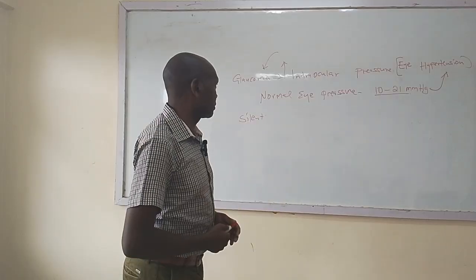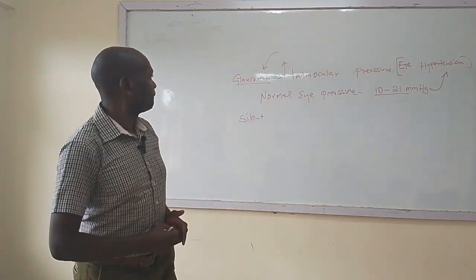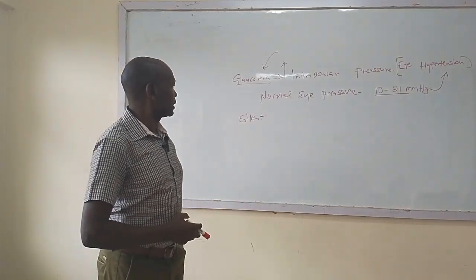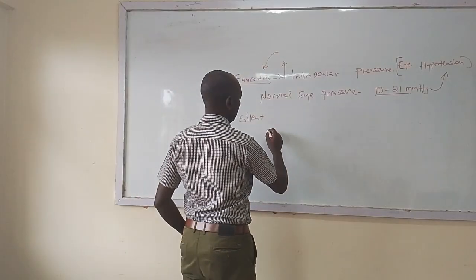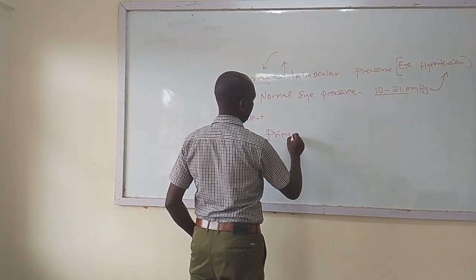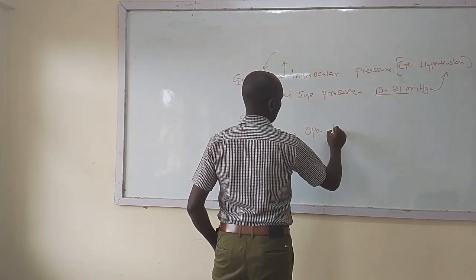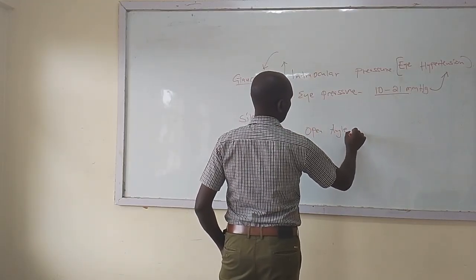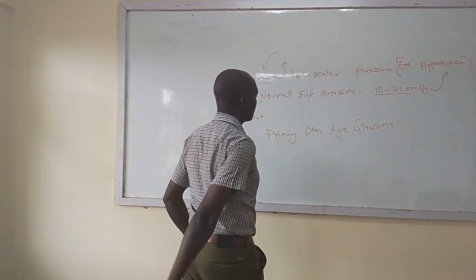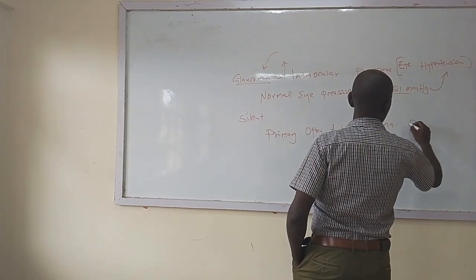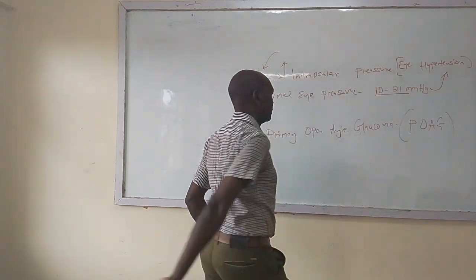As we progress, we shall see the types of glaucoma. And one of the commonest types of glaucoma is what we refer to as primary open angle glaucoma. You can abbreviate it as POAG.